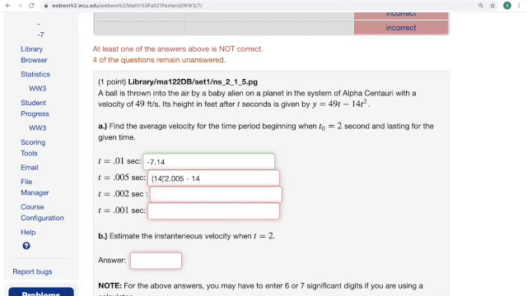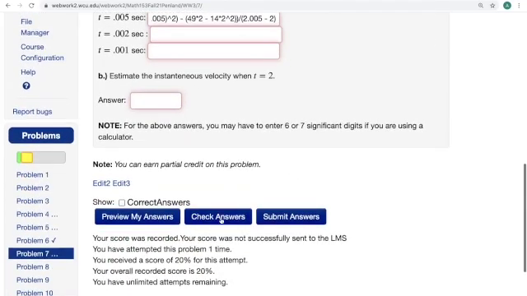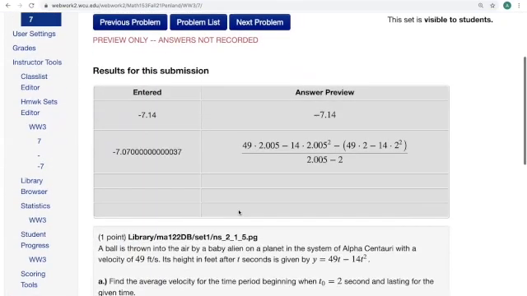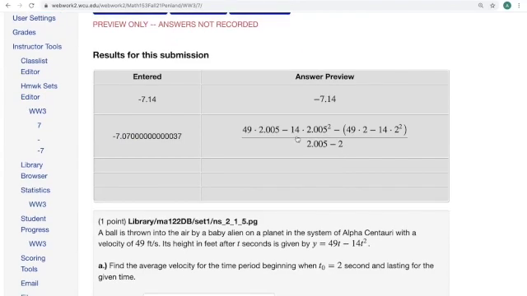is 49 times 2.005 minus 14 times 2.005 squared, minus 49 times 2 minus 14 times 2 squared. I need parentheses here to make it work out, divided by 2.005 minus 2. If I preview my answers, I can see whether that looks like what I was hoping for, and it does.